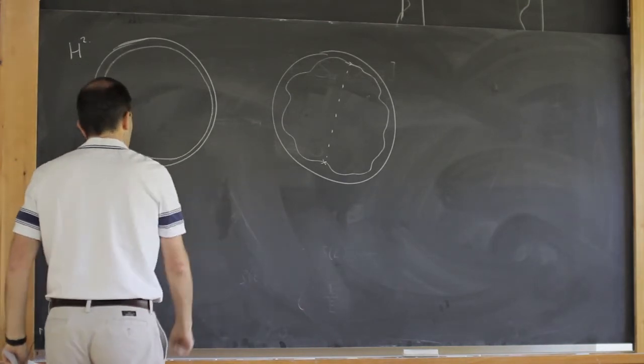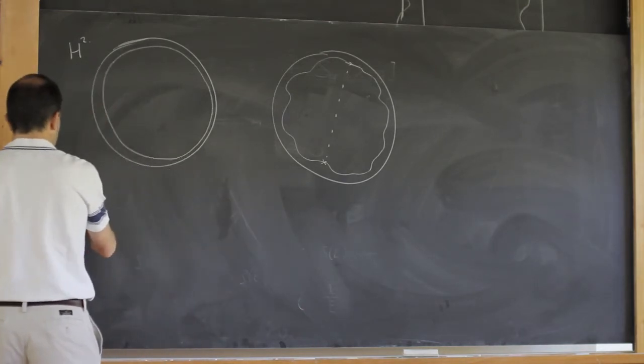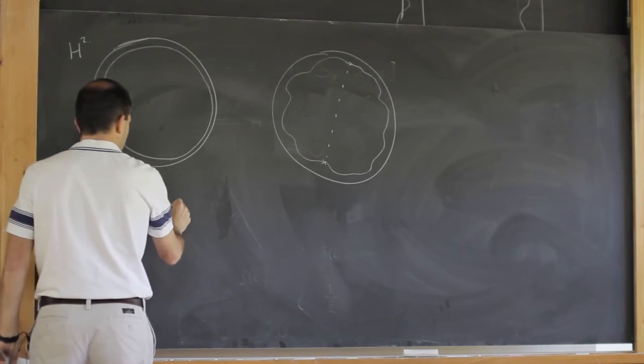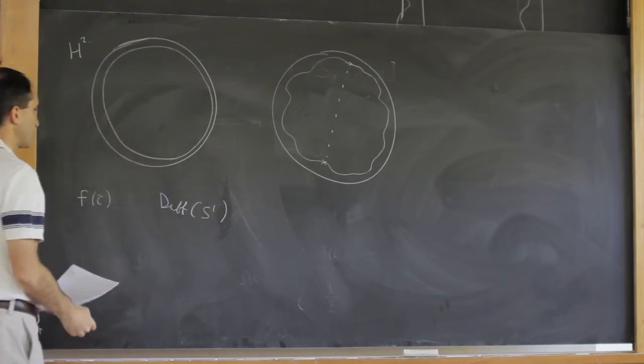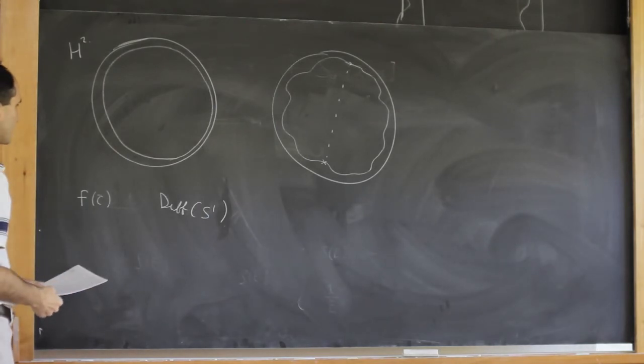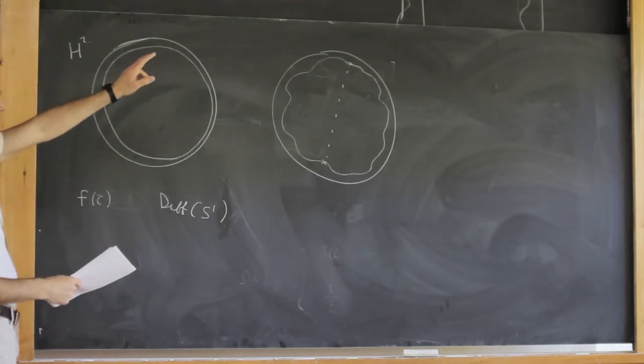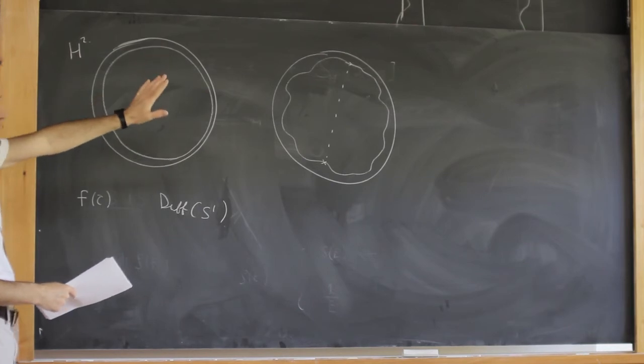Okay, so we can think of these symmetries, f of tau, or the diffeomorphisms of S1, as being spontaneous. So they are not preserved by the boundary conditions. The boundary conditions do not realize that you've done this symmetry.